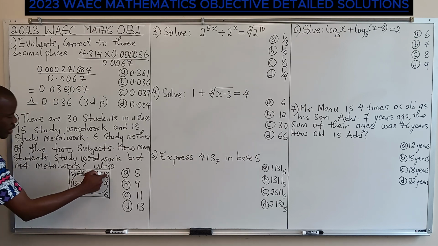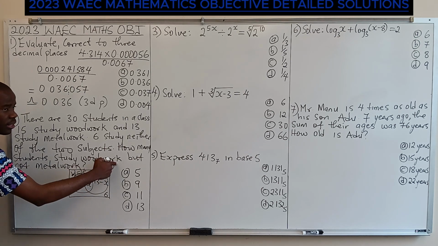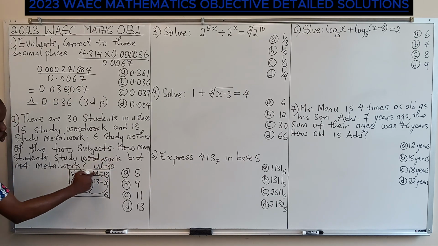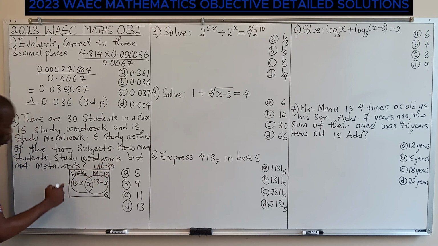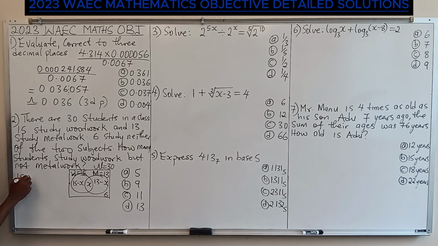So since the universal set is 30, when we sum up every data here, we are meant to have 30. So sum everything together, we'll have 15 minus X plus 13 minus X plus 6.